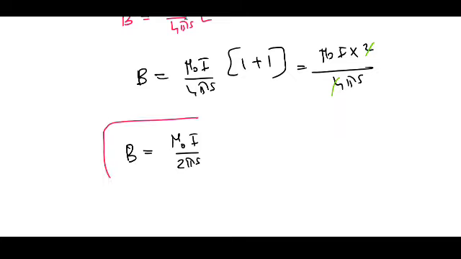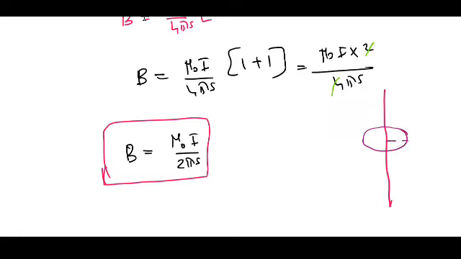Okay. This is one of the applications of the Biot-Savart law. The same magnetic field due to an infinitely long wire, you can also find out using Ampere's circuital theorem or Ampere's circuital law.